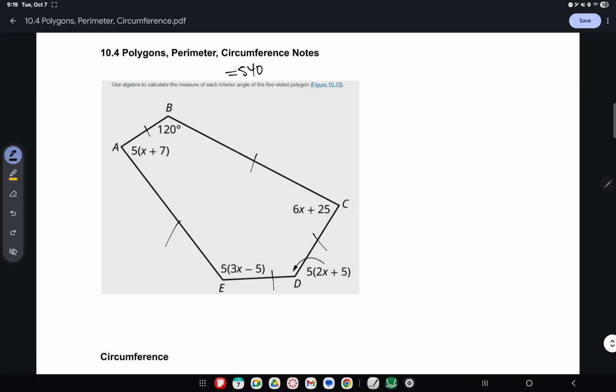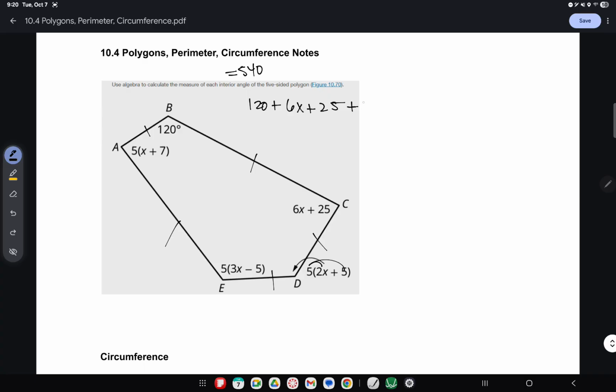So I'm going to add all of these up. So 120 plus 6x plus 25. I think I'm going to run out of room. I'm going to redo that right here. 120 plus 6x plus 25 plus. And with the rest of these, I'm going to distribute these values in.